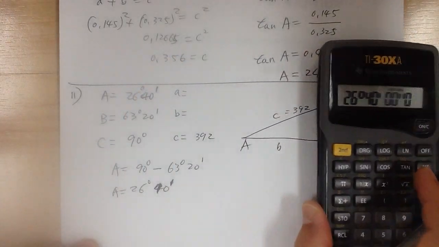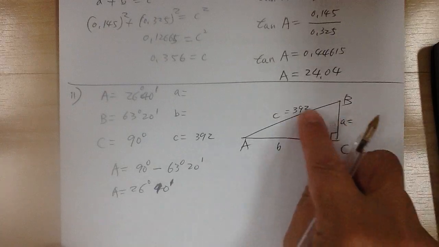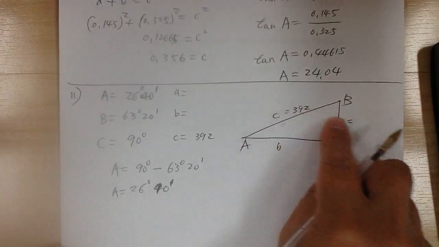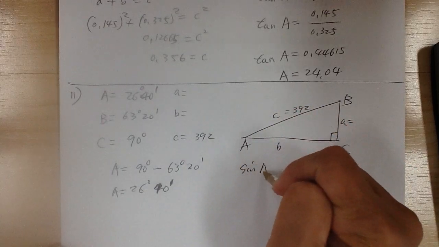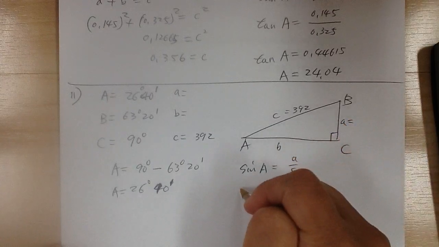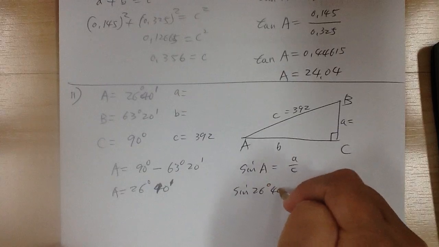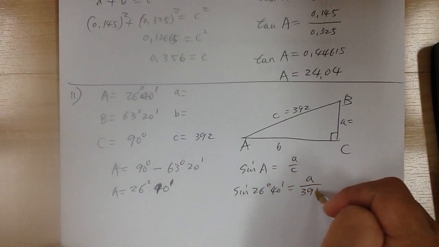Now we can look for the other two. This and this are given, so this will be the sine function. Sine A equal to A over C. So sine of 26 degrees 40 minutes equal to A over 392.